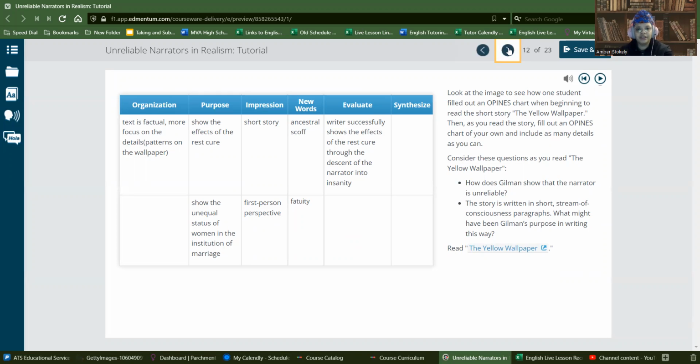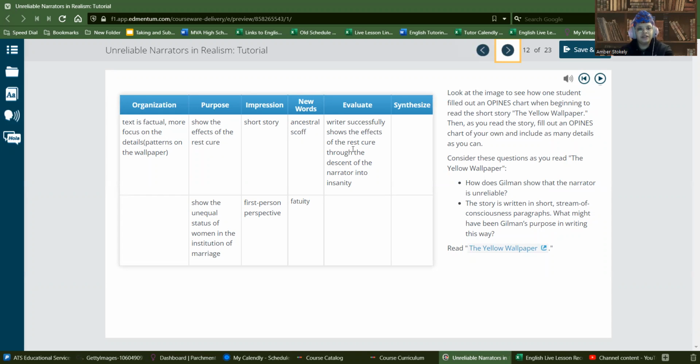It's partially filled in. You've got some stuff for every single column except for synthesize. Not all of the columns have both sections filled out, but there's a healthy dose of them that do, and the other two do have something in them. So these actually give you information for the story that'll help prep you.